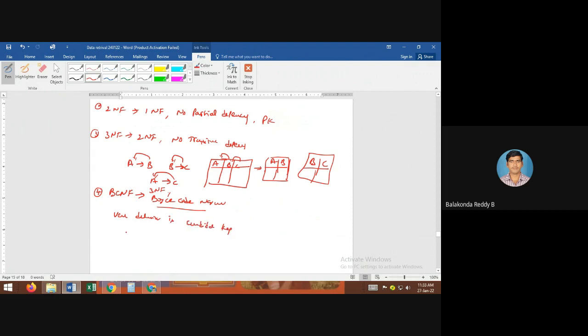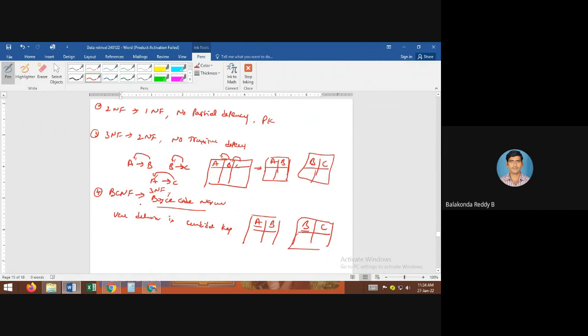The meaning is, after decomposition of tables, you remove the transitive dependency. Decomposition means you divide the table. Every determinant has one primary key. This table also has a primary key. That is the rule of BCNF.